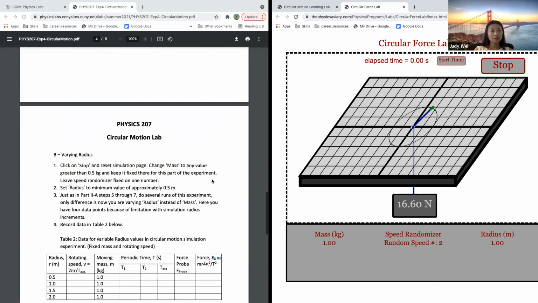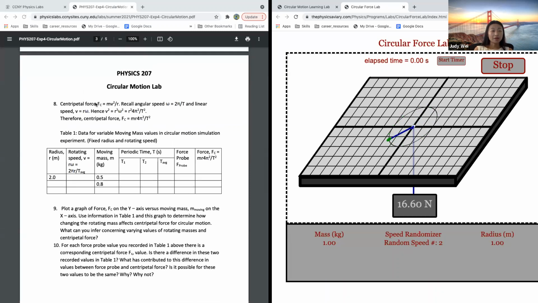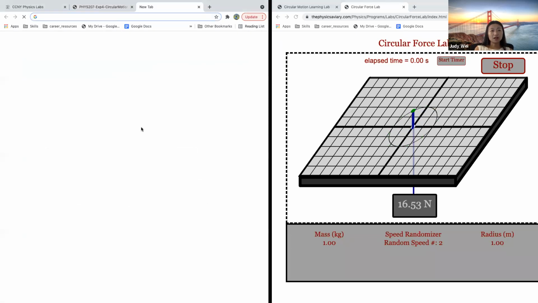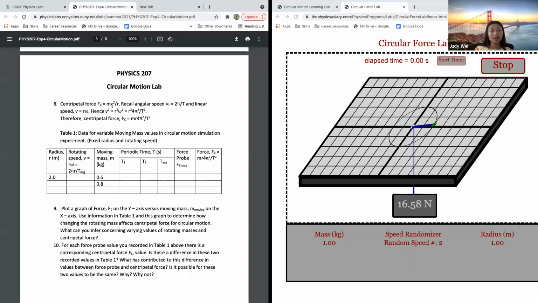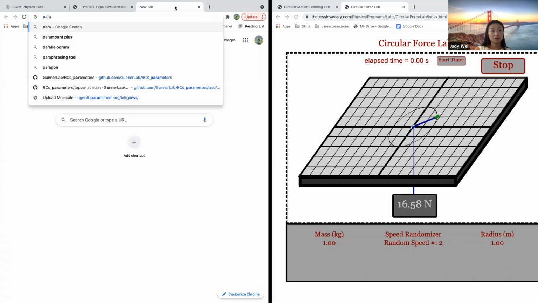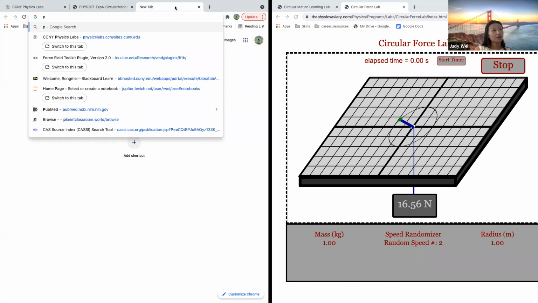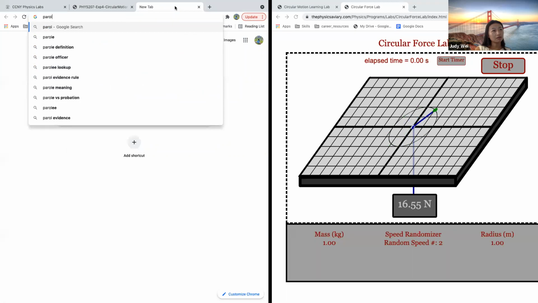Yeah, I think we can use this one. We use Fc equal to mv squared over r. So we can see a parabola. The relationship between Fc and V is supposed to be a parabola.